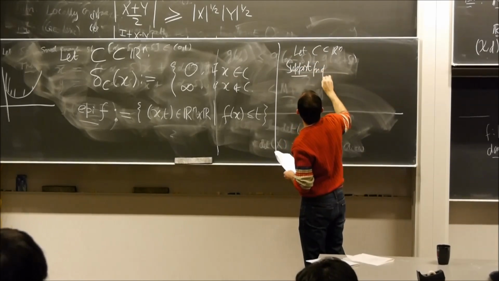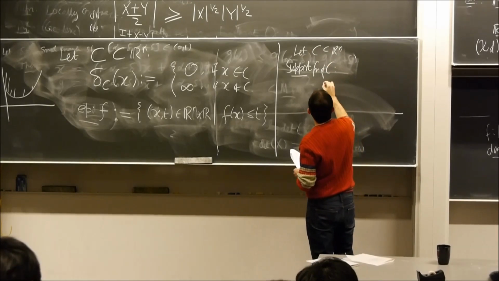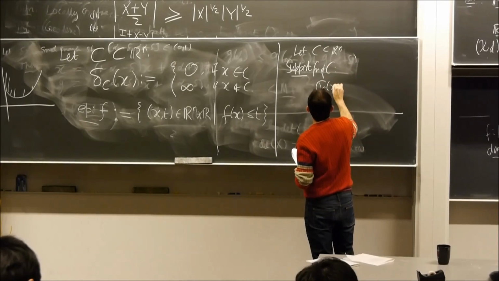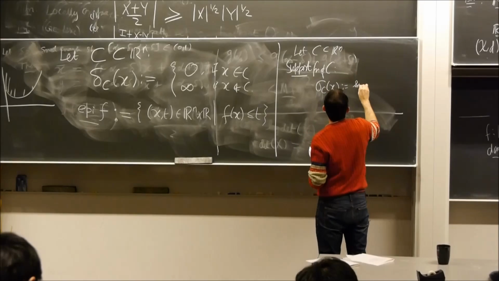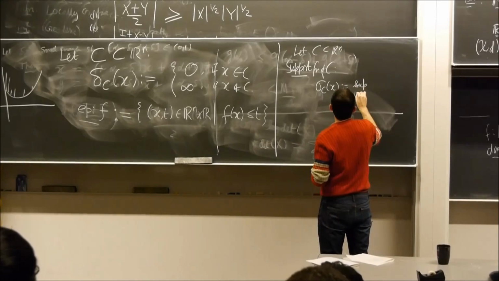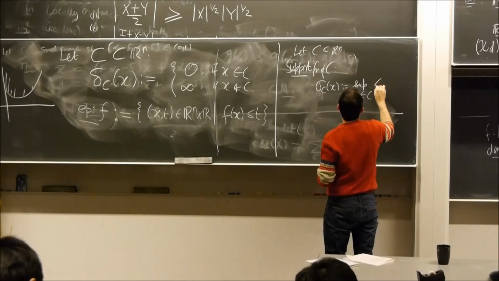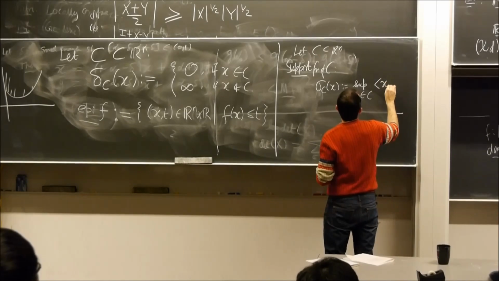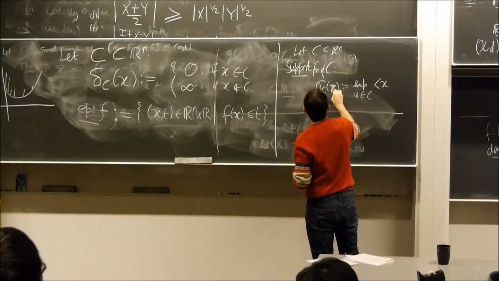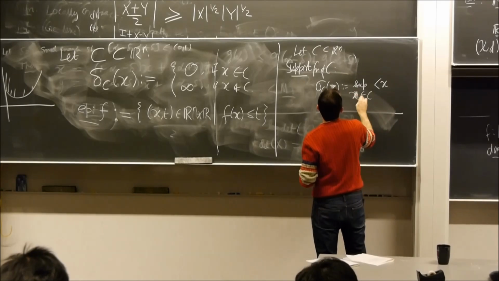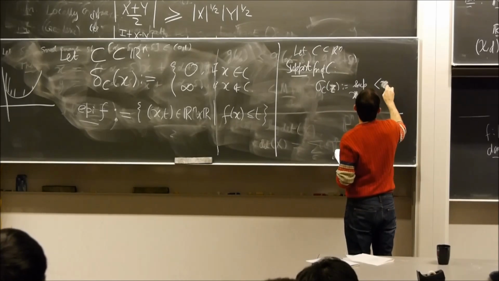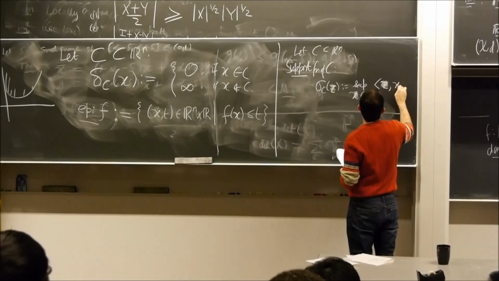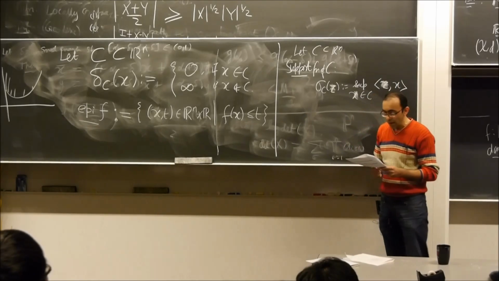The support function of C is sigma C of x, which is just the supremum over z in C of z transpose x.